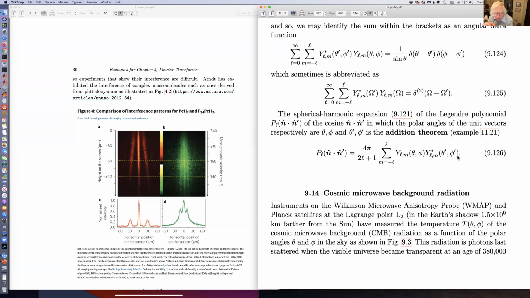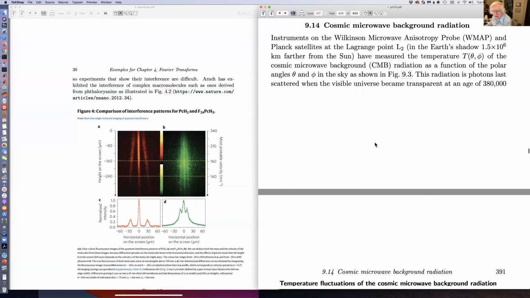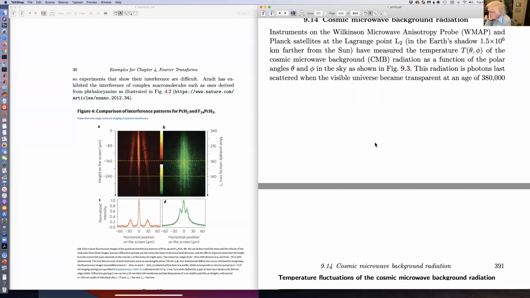Let's see, we haven't had many questions tonight. In fact, I think we've had 0 questions tonight. So how about some questions? I'll say a few things about the cosmic microwave background as an application of spherical harmonics, but I think it's more important for me to answer questions.